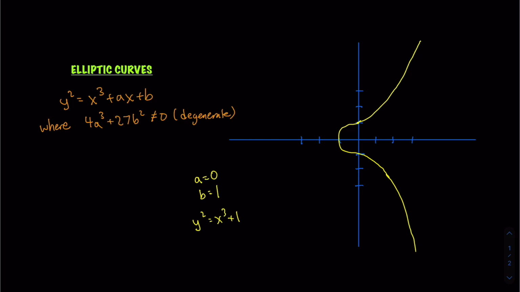I'm also saying yes, (3, square root of 28) is also a valid point. Yes, (3.5, square root of 43.875) is also a valid point. I'm considering all points, even decimals, irrational numbers, rational numbers, everything that lie on this curve.